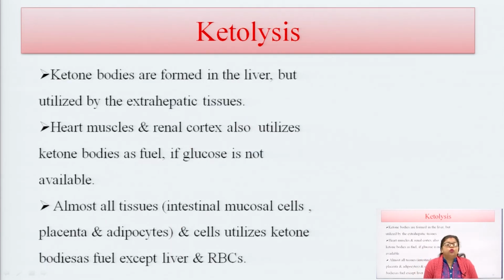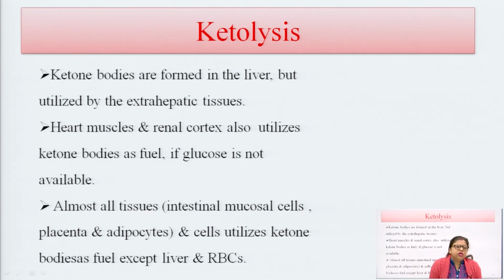And what is ketolysis? Ketolysis is the degradation of ketones to give energy. Ketone bodies are formed in the liver, but they are utilized in the extrahepatic tissues. Heart muscles and renal cortex also utilize ketone bodies.